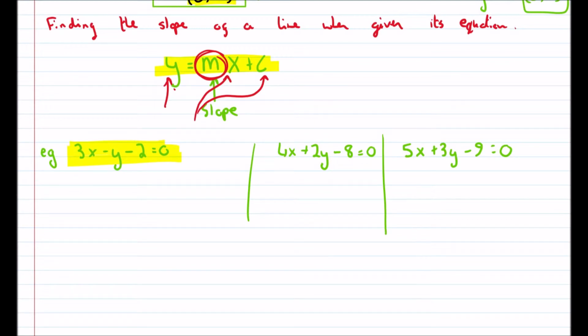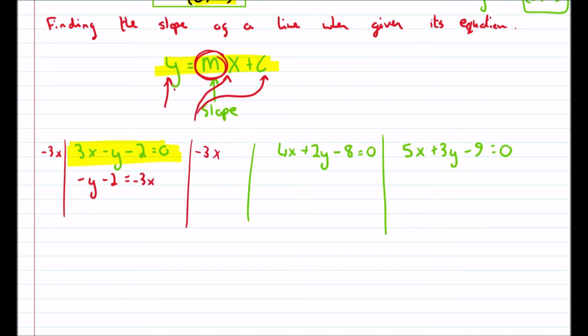So we'll do it in an algebraic way. We will take the 3x from here. So we'll be left with minus y minus 2 equals, and take 3x from here, minus 3x.